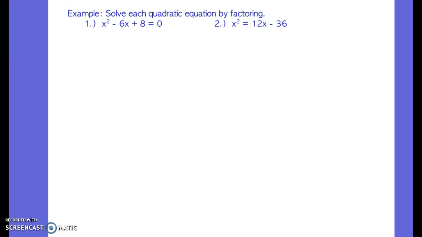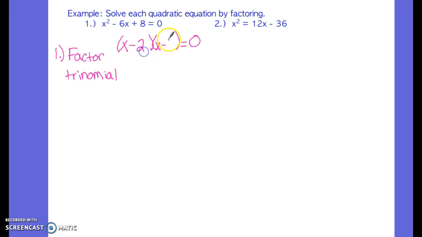It says solve each quadratic by factoring. So the first thing that you're going to do is factor. So the first thing is factor your trinomial. So I'm going to take x squared minus 6x plus 8, the factors of x squared are x and x, whole thing equals 0. What multiplies to be +8 and adds to be negative 6? Well, they both have to be negative.